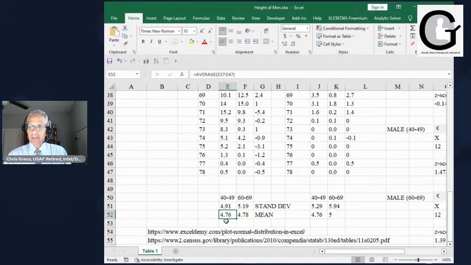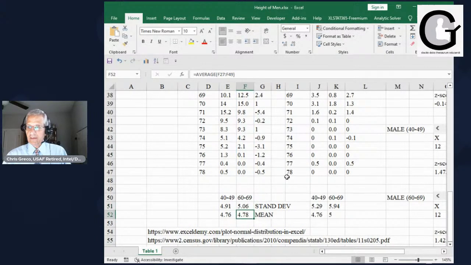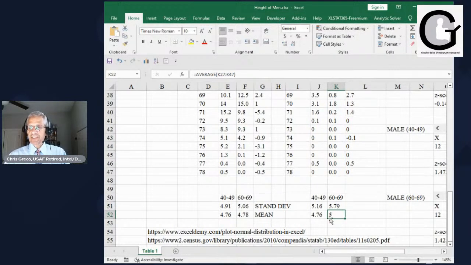So if I do it under population, I have that N aspect there. 5.06. See, you're not going to see much of it. This is 5.29. Now let's see what P shows. 5.16. 5.94. P shows what? 5.79. So there's a slight difference there.